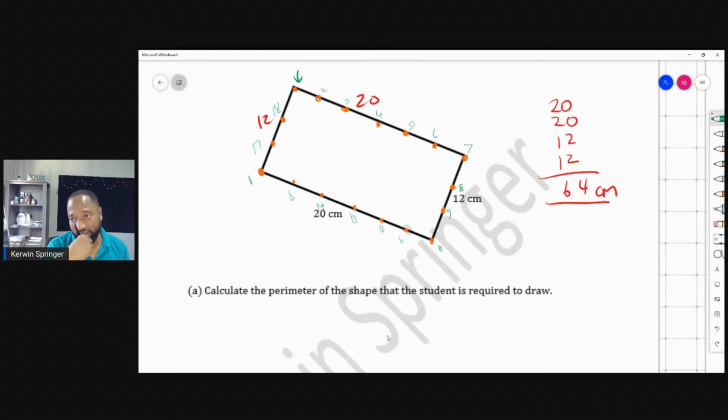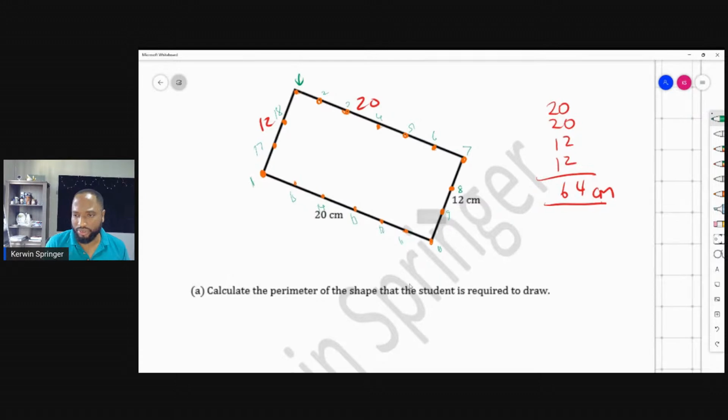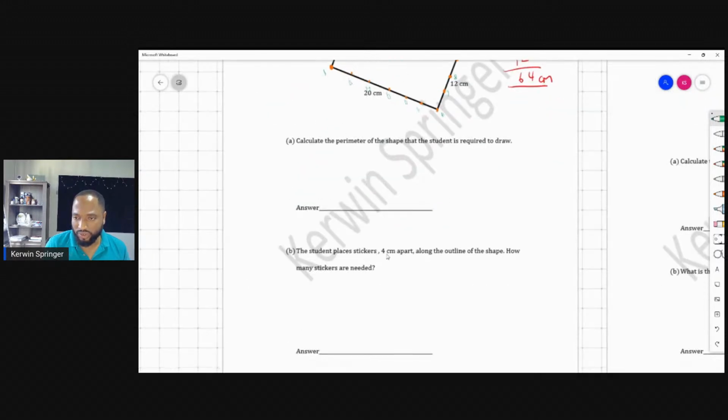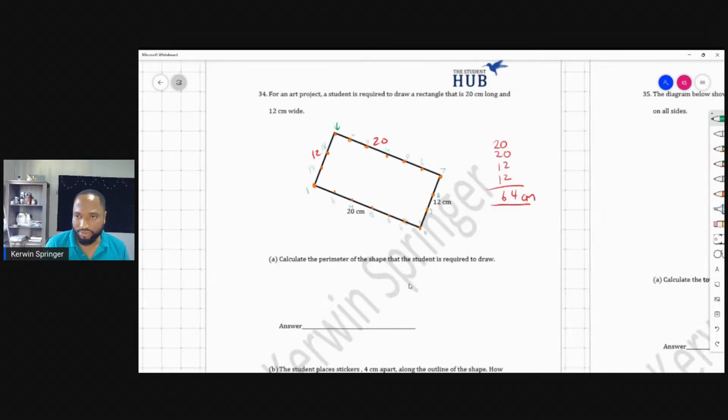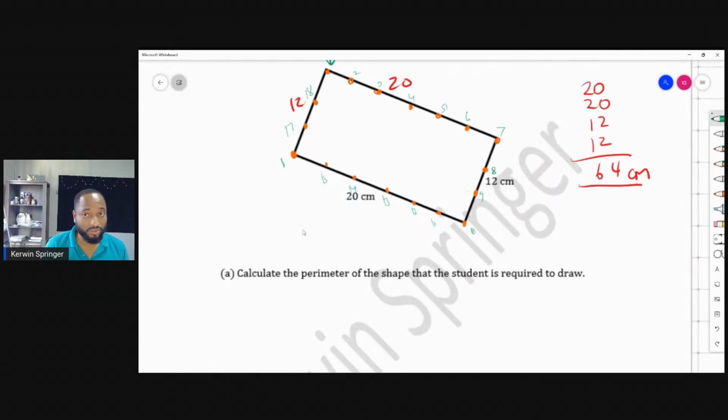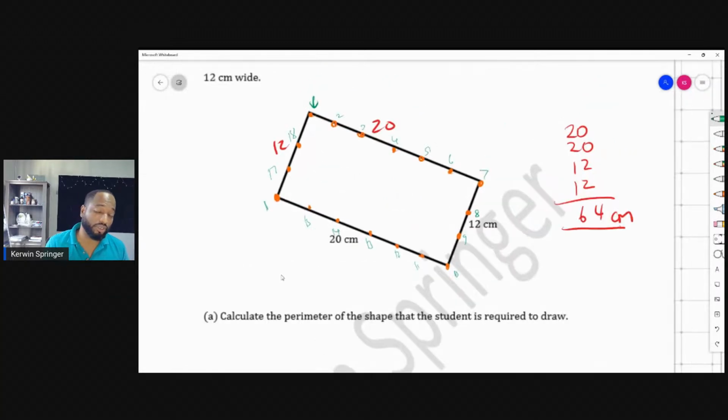Let me just make sure I did this correct. The student places stickers 4 centimeters apart along the outline of the shape. How many stickers are needed? Wow. That is creepy. This distance pattern question, I need to include this in the book.